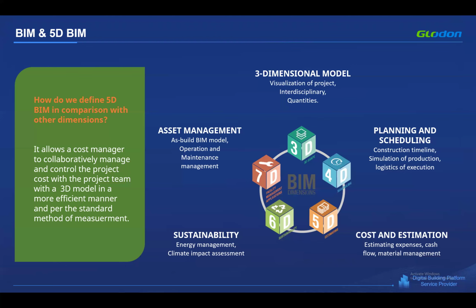Sustainability, 6D BIM. Sustainability plus 3D model. So we can do energy analysis and many more things in this 6D BIM. 7D BIM is asset management plus 3D model after you construct the building. Okay, so you can create a digital replica of your as-built building.